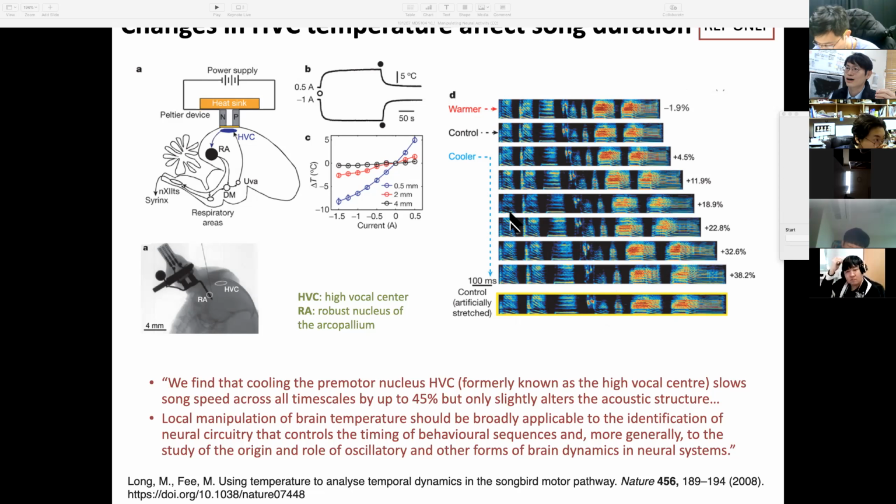So cooling down, you find a very precise elongation of the behavior. So this gives the first demonstration of using temperature to analyze temporal dynamics in the songbird motor pathway. This is a very interesting example of how heating or thermal control can adjust neuronal behavior.